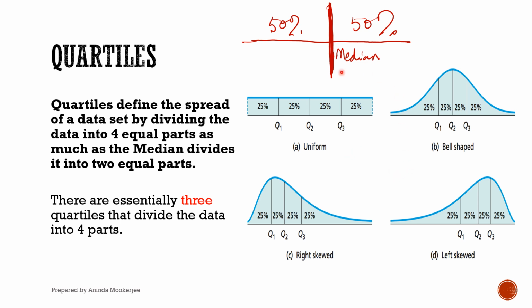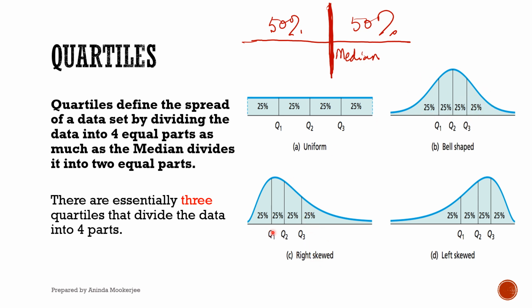All right, and we can have different distribution shapes. As we had learned before, there can be uniform distribution, that means the same number of values in each quartile, or we can have a bell-shaped symmetric distribution, but we'll still have 25% of observations in each quartile.